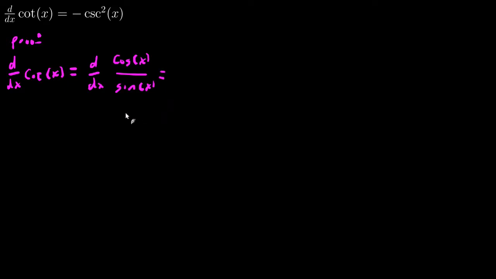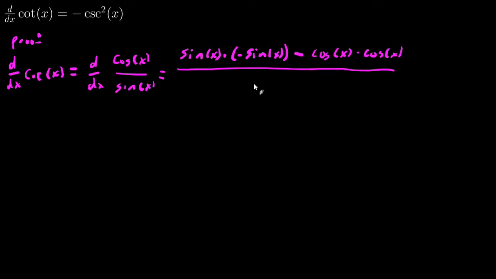And I follow the quotient rule here, so I do the bottom function multiplied by the derivative of the top function, so times negative sine, minus the top function cosine x times the derivative of the bottom function, which is cosine x, all divided by the bottom function squared, so sine squared x.